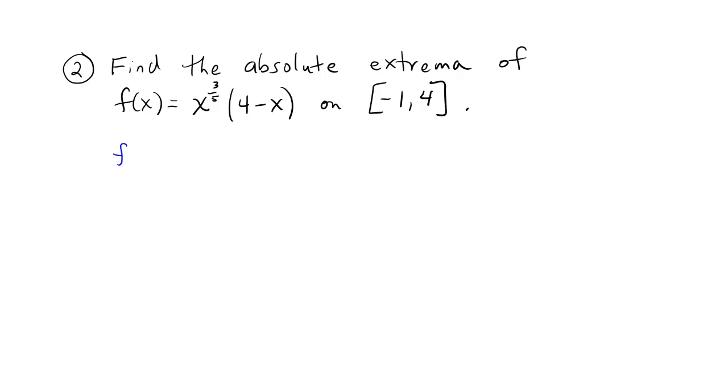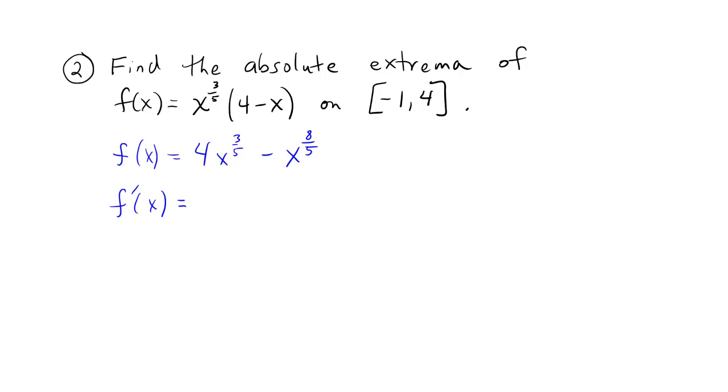All right, so our f of x here, I'm actually going to multiply this out in order to take the derivative. So 4x to the 3/5 minus x, so x to the 3/5 times x is 5/5, so that's a total of 8/5 there.